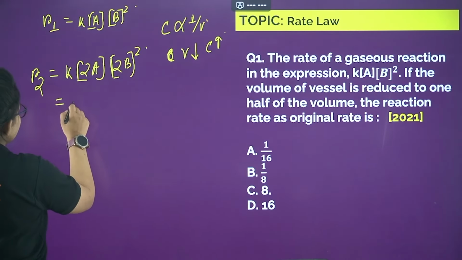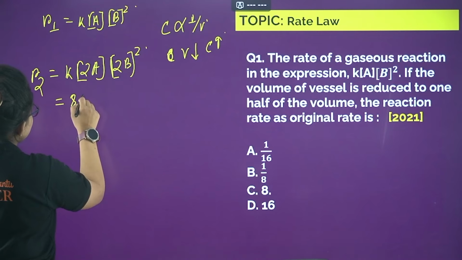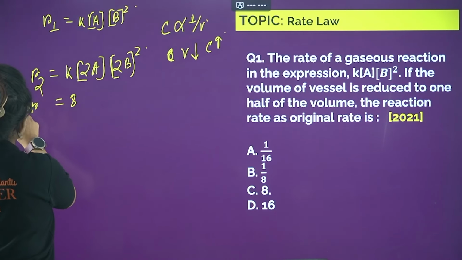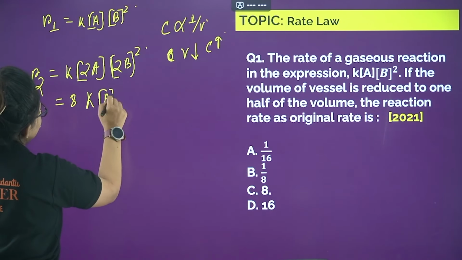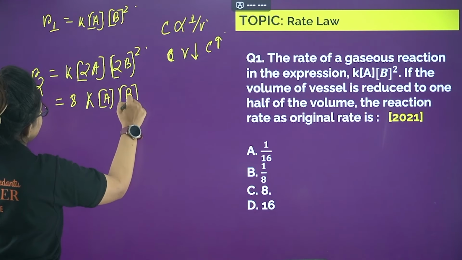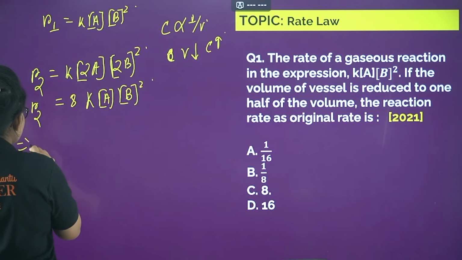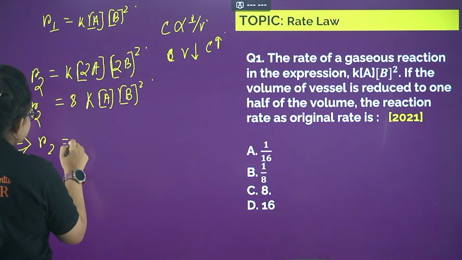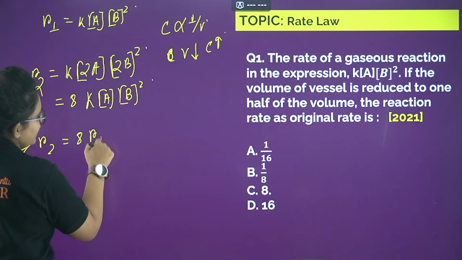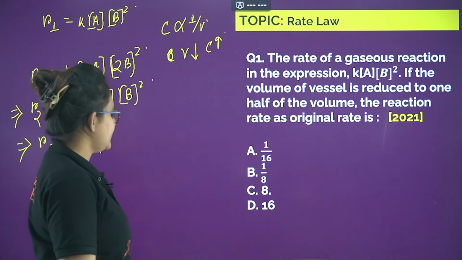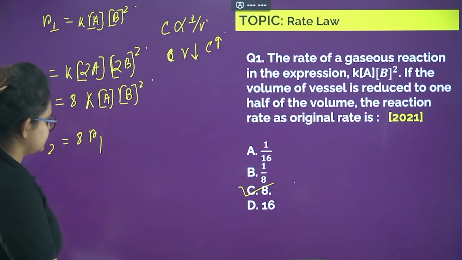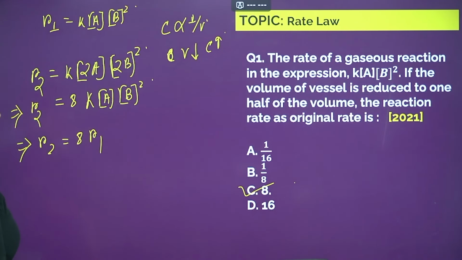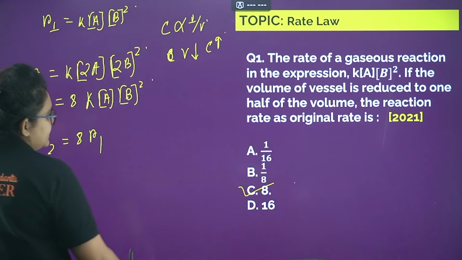So if you calculate, 8 into K of A into B square, I can write this. From here I can see R2 is basically 8 times R1, right? So option C is going to be the correct one. Okay, so let's proceed.